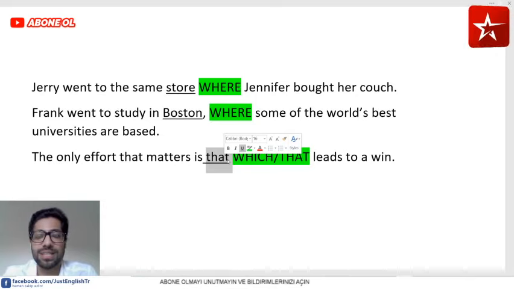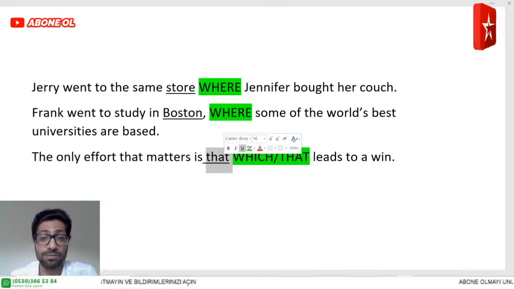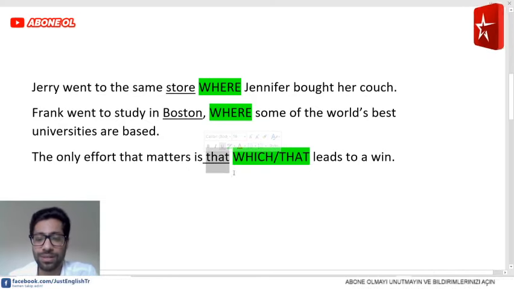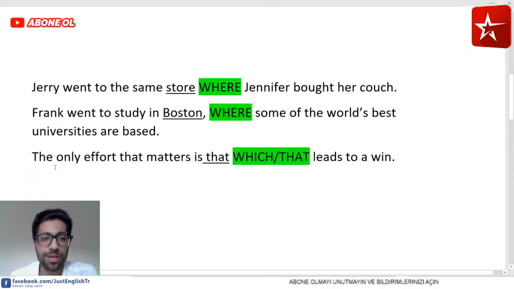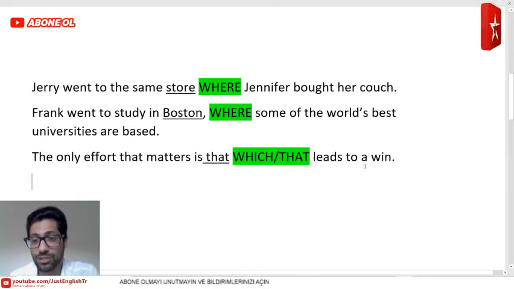We can function it in many different ways. For example, here we have an adjective pronoun. Here, however, it came as a noun. I will tell you why. The only effort that matters is that or which or that leads to a win.